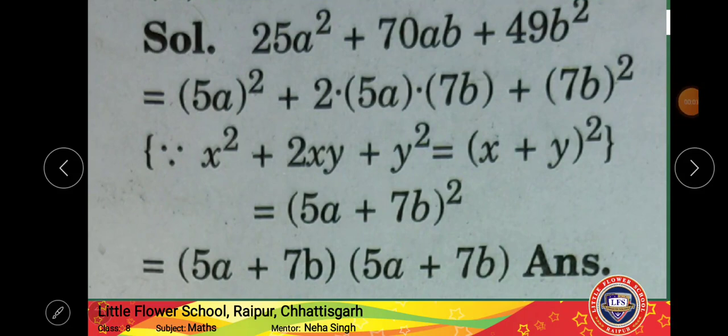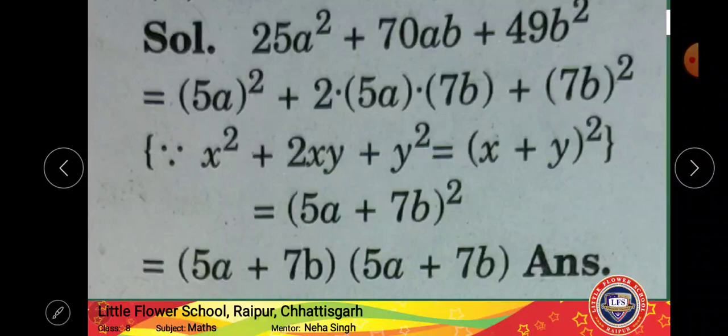Now the second question, 25a square plus 70ab plus 49b square. Now see, this 25, I can say it is 5 square, right? 25 is 5 square, and this a is also given in square, so we can write 25a square as 5a whole square, right?